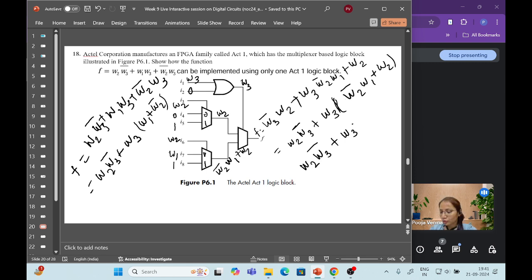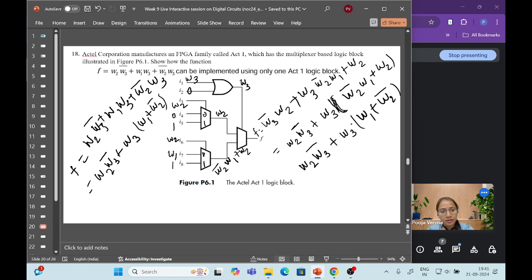If we further solve it, then we will get W1 plus W2 dash. There is one formula in the starting logic functions, so we will get W1 plus W2 dash. Okay, try for this one, you will get it. So if these inputs are given in those places, we will get this logic function.